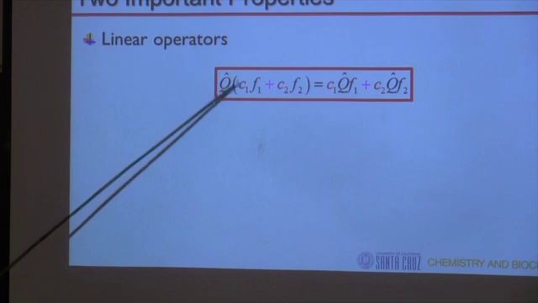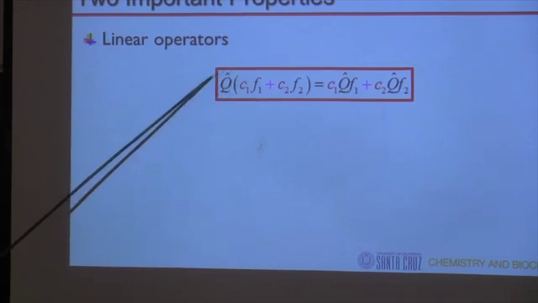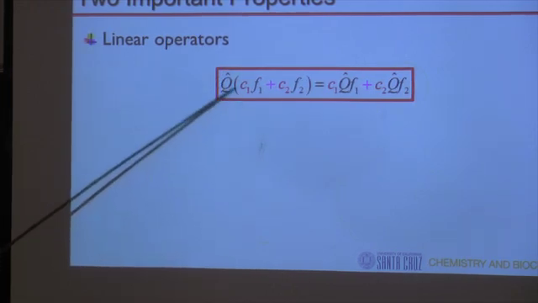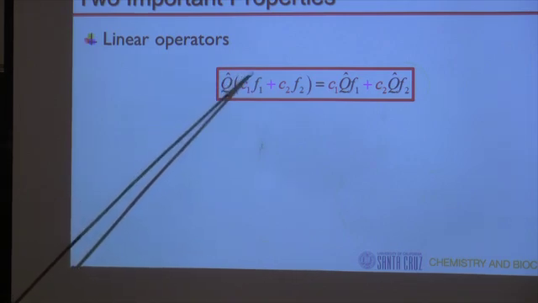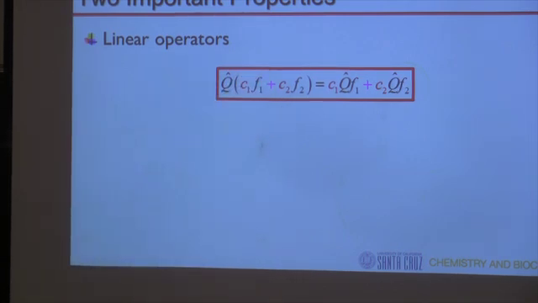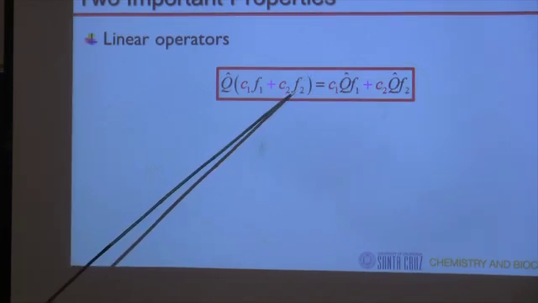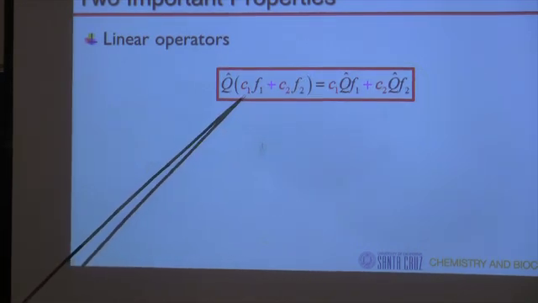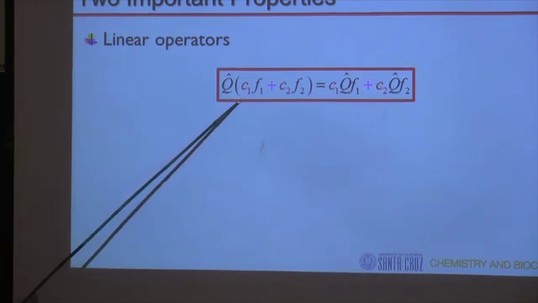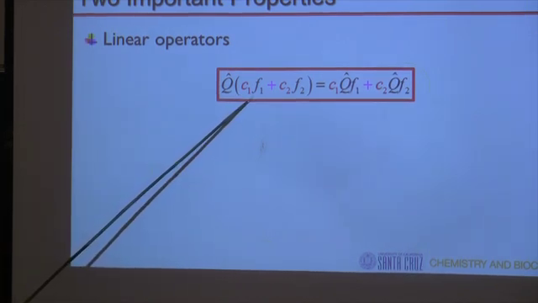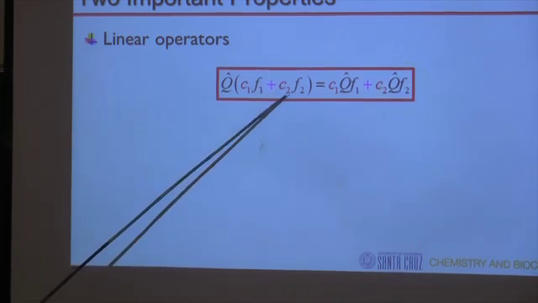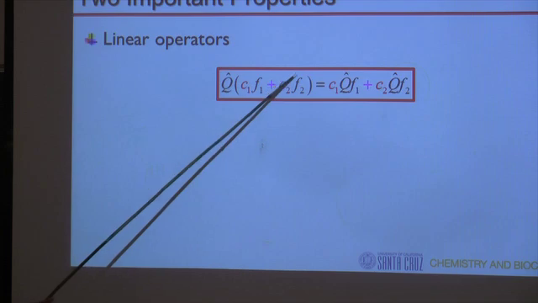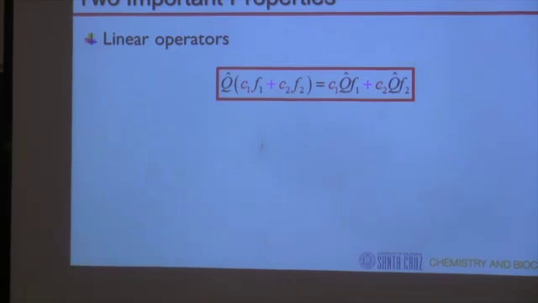Let's say we want to check whether the Q operator is a linear operator or not. We use the Q operator to operate on this function. This function contains two terms. The first one is a function times an arbitrary coefficient, arbitrary function, sorry, not wave function, times another arbitrary coefficient, times again another arbitrary function.